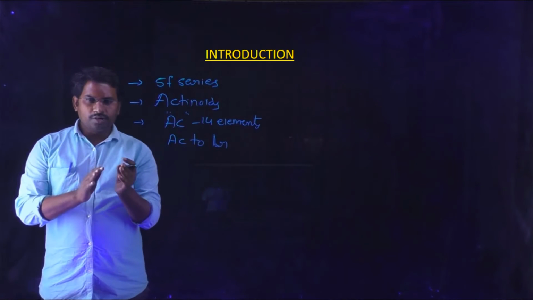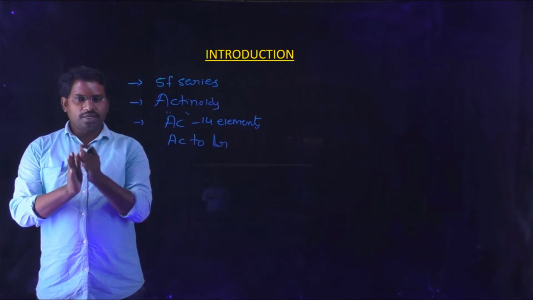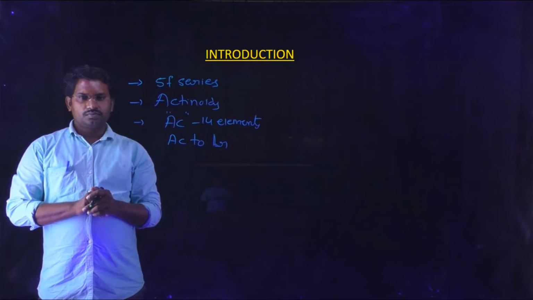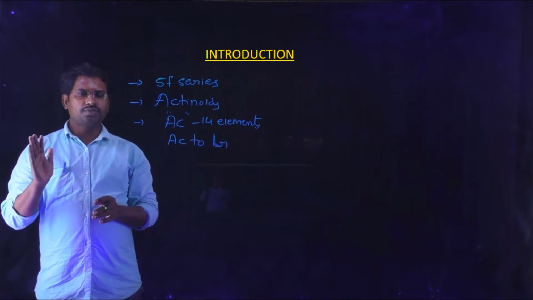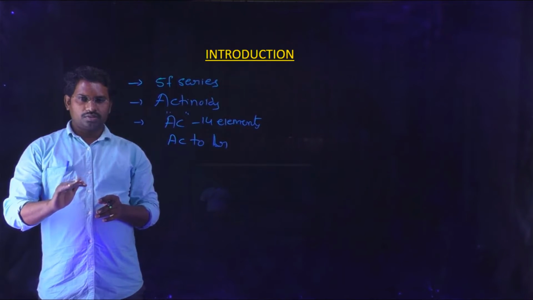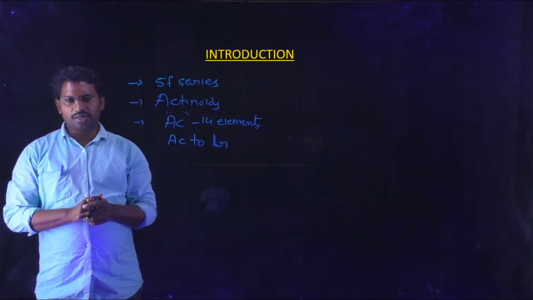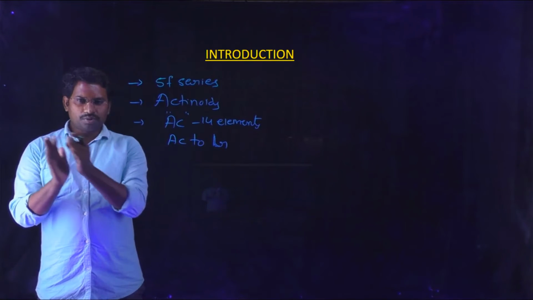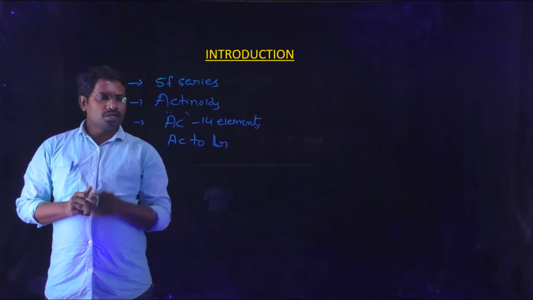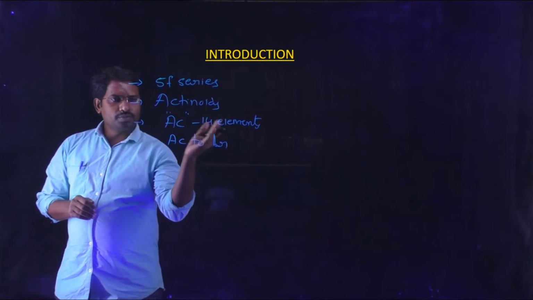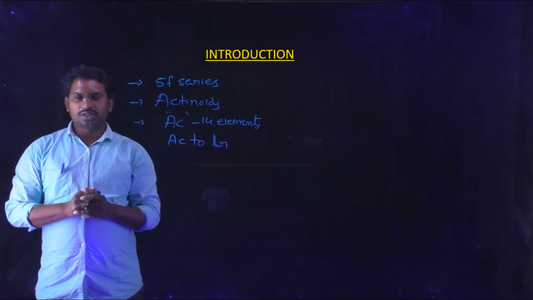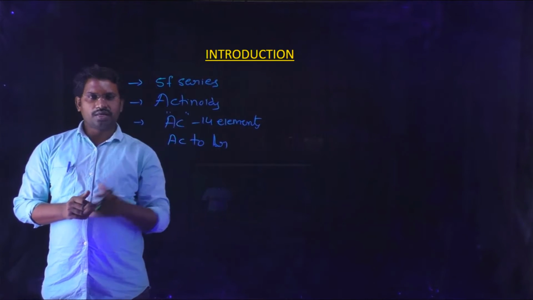Similarly, in the 4f series, the 14 elements which come after lanthanum are known as lanthanides because they resemble lanthanum. In a similar manner, the 14 elements present next to actinium resemble actinium, which is why they are collectively known as actinoids.